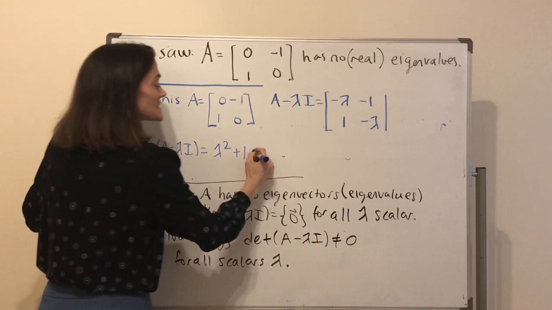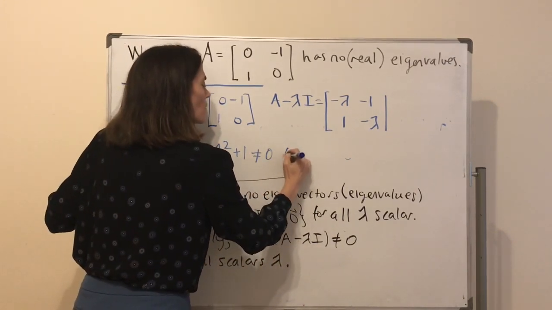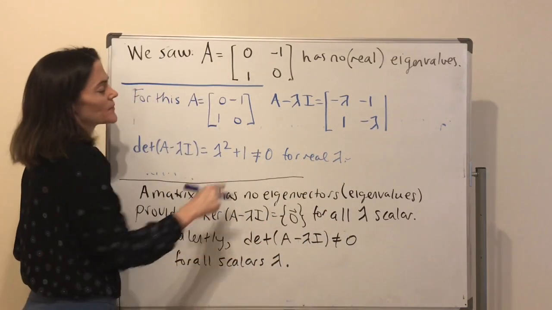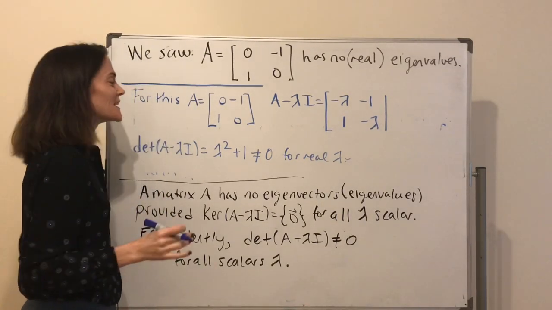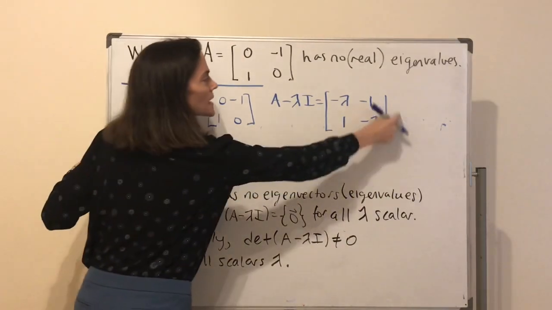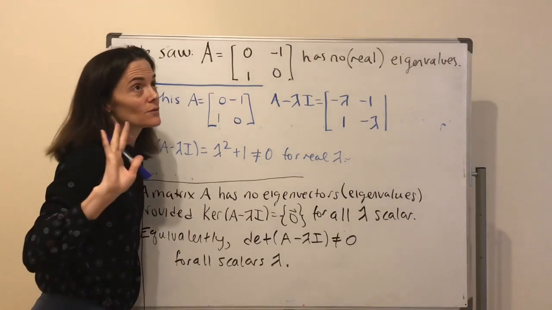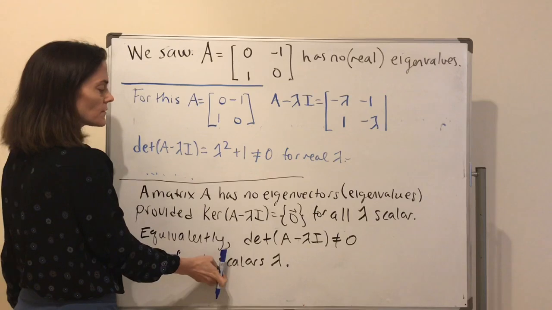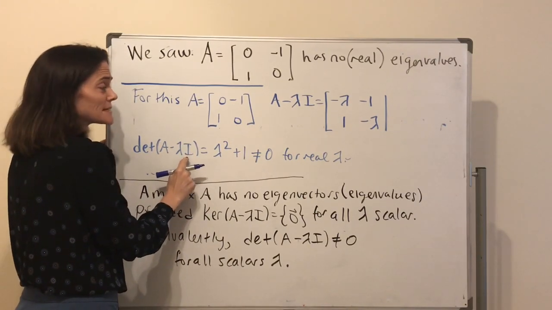You see, this is never 0 for a real lambda because lambda squared equals minus 1 has no solution. So this matrix is always non-singular, has no non-zero vectors in the kernel, and that's what this is saying.